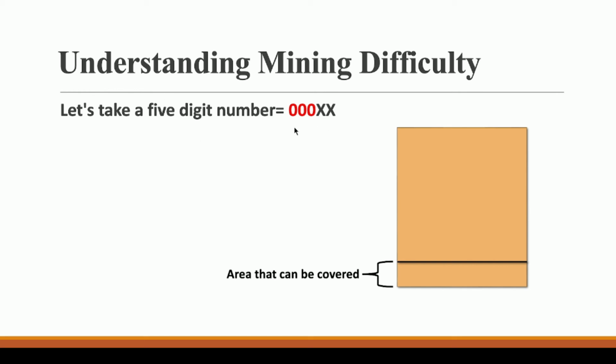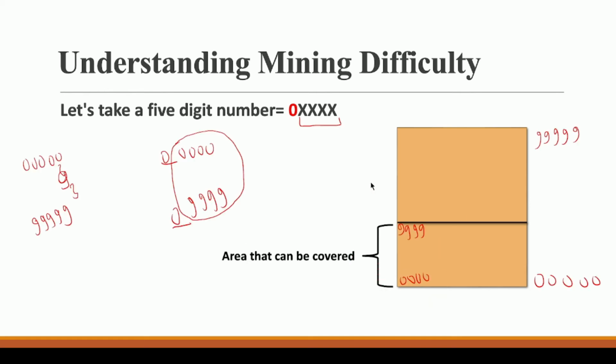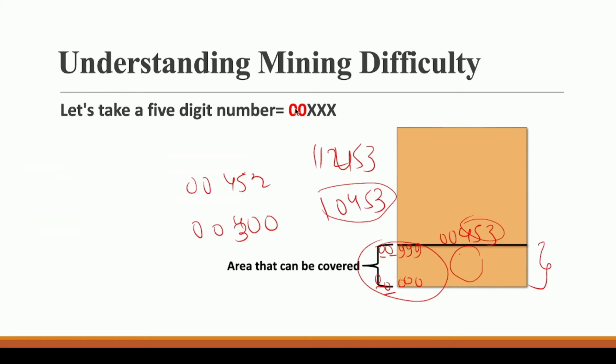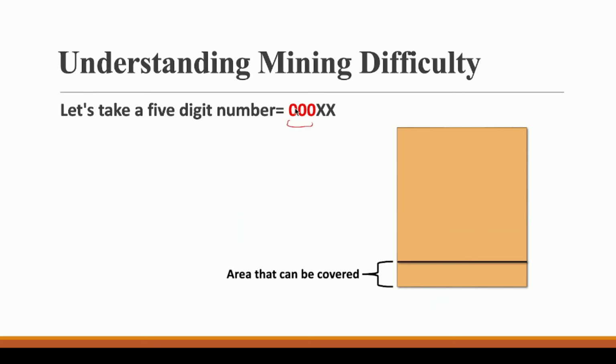And I have just given you one more example where the first 3 characters are 0. Now you can clearly see one more important thing: as we increase the number of 0s, the target area is getting reduced. And when the target area is reduced, it becomes more difficult for the miner to solve the mathematical problem, because now they have to solve for this small area only.